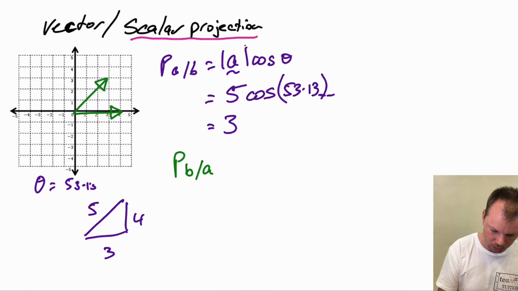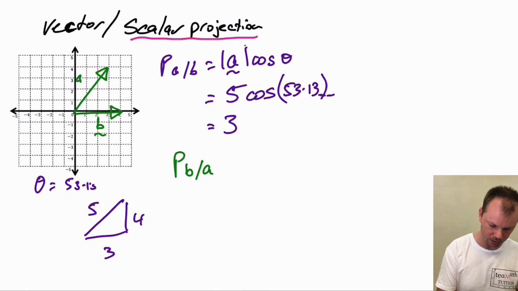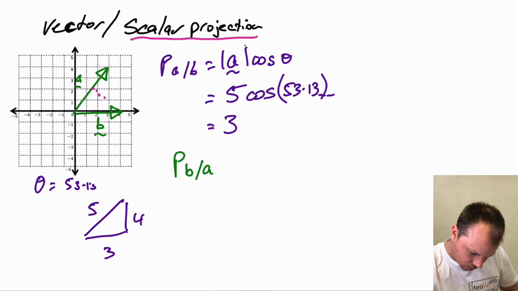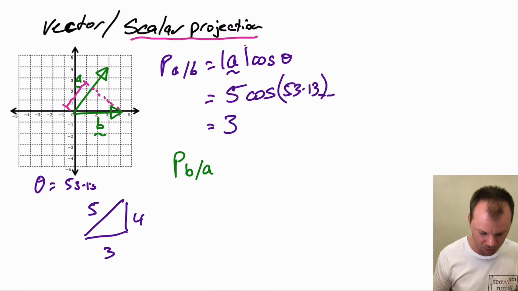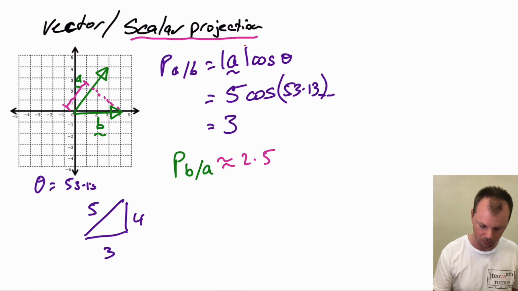If I was to do the projection of B onto A, what I'm looking at is this length here. That's my scalar projection of B onto A. Now, if I was to guess how long that is, I would say it's about maybe 2.5. So I'm going to guess it's approximately 2.5, but let's calculate what it is.